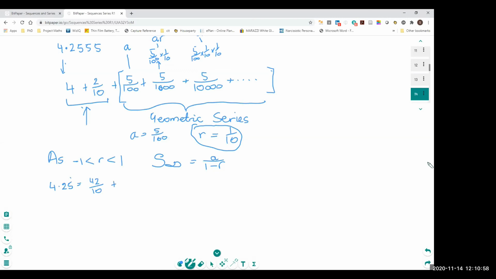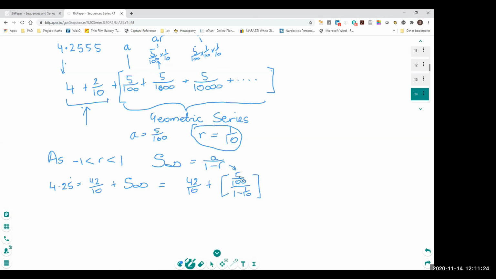Plus, we're going to do the sum to infinity, which is equal to 42 over 10 plus A over 1 minus R, which is 5 hundredths all over 1 minus 1 tenth. Okay, this is our A over 1 minus R.